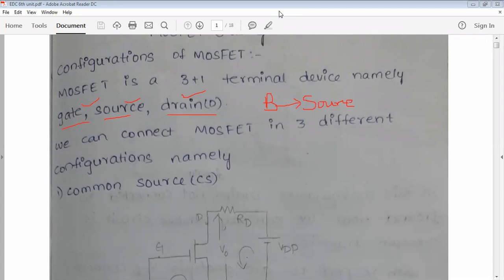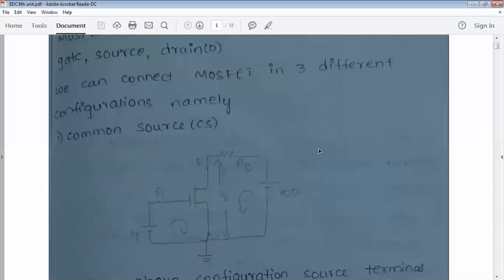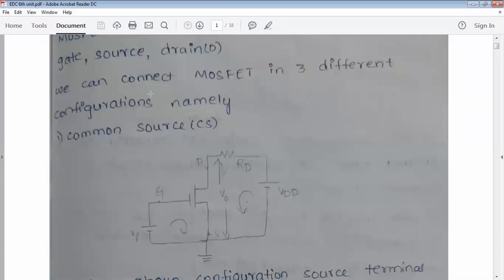We can connect a MOSFET in three configurations, namely common gate, common source, and common drain. This is similar to BJT configurations: common base, common collector, and common emitter.